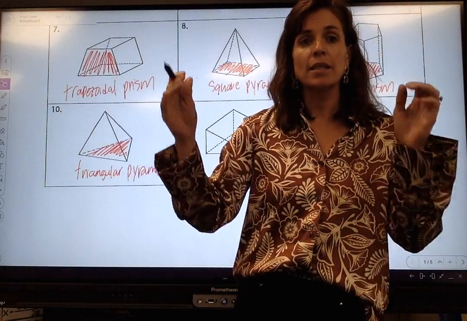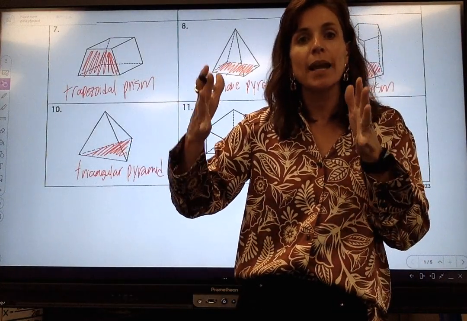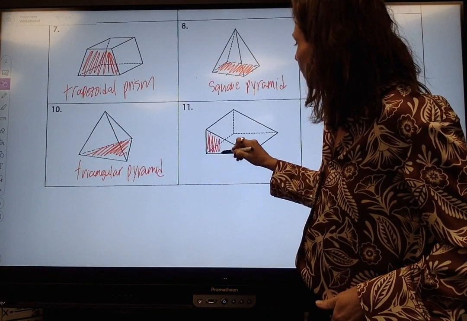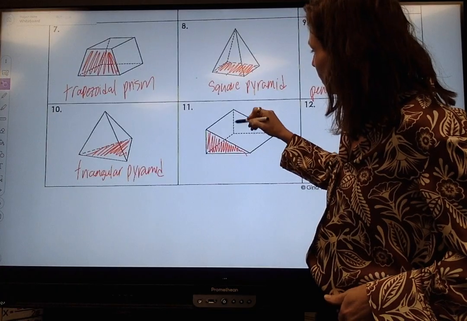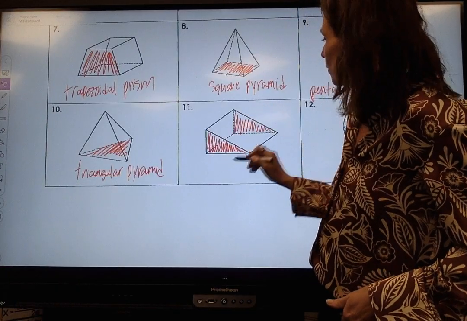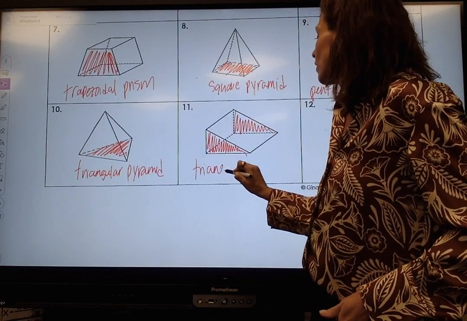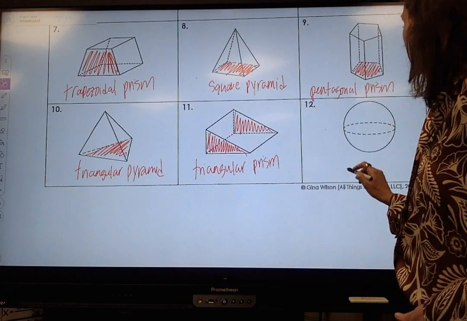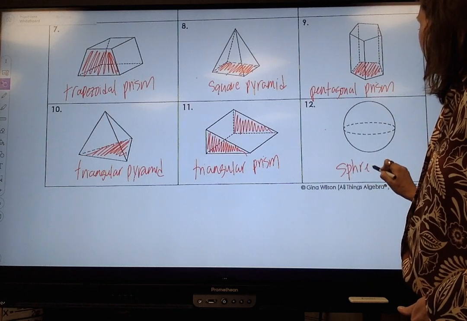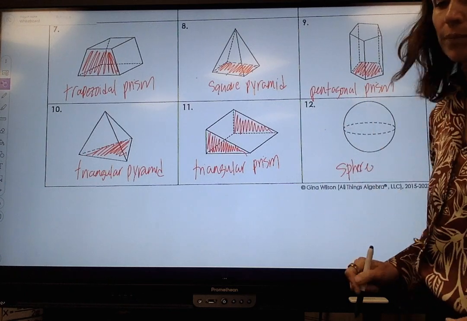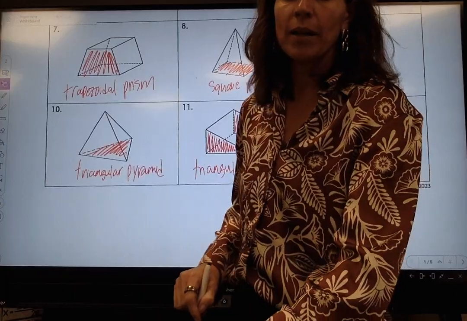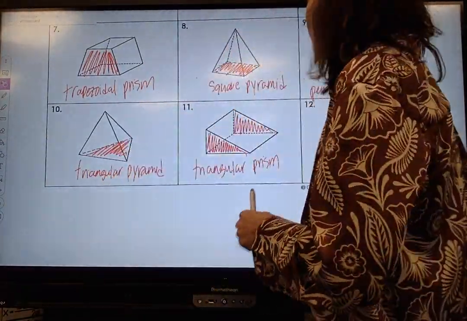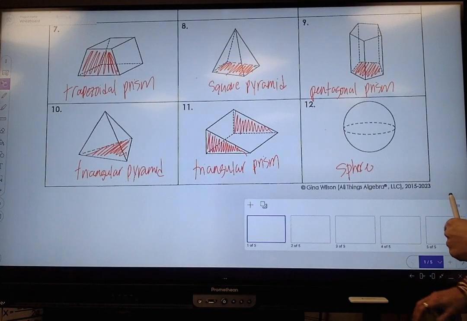Definition of a base is the sides that are opposite and parallel to each other. So the shape that's opposite and parallel to each other is going to be this triangle and this triangle. So this is a triangular prism. And of course, number 12 is a sphere. All right. So let's look at slicing 3D figures in the same video.